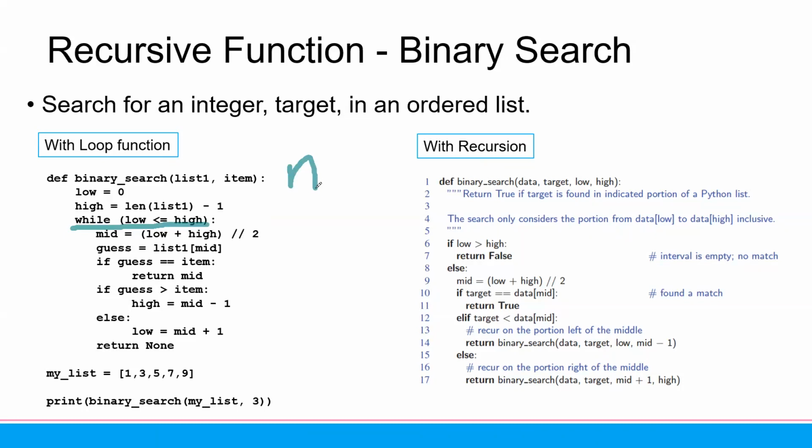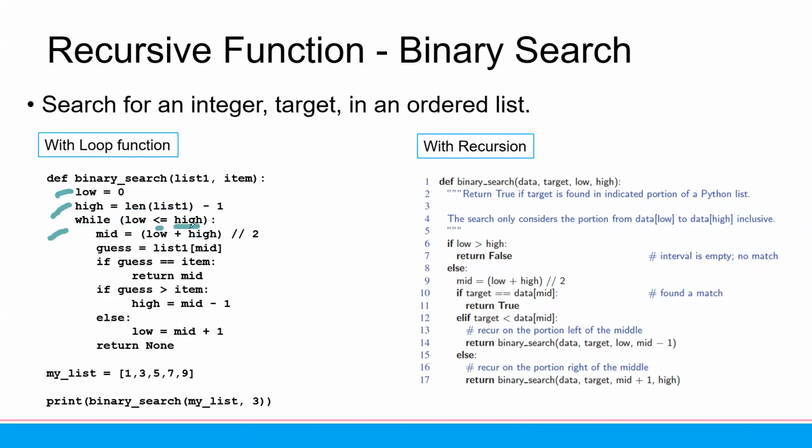But don't forget, in the while loop, we can determine the condition. So this condition is, you can see one by one. We determine the low and we determine the high. And then while low is less than or equal to high, then it is just to check.